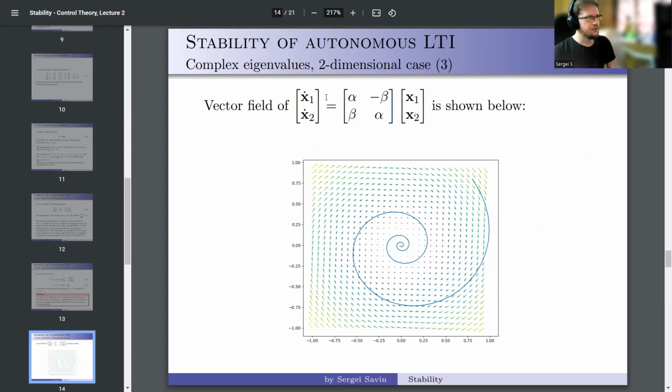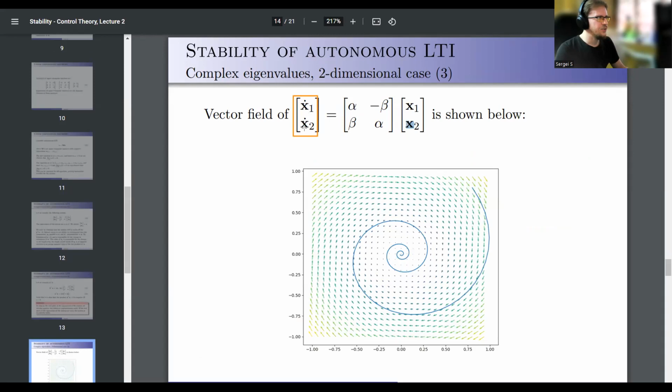Now, this system, we can write it as a vector field. What is a vector field? Well, we draw arrows like this for x1, x2. We draw them as arrows, right? x1, x2 is a vector, and those are the coordinates where the vectors are located. Let me show it as an example.